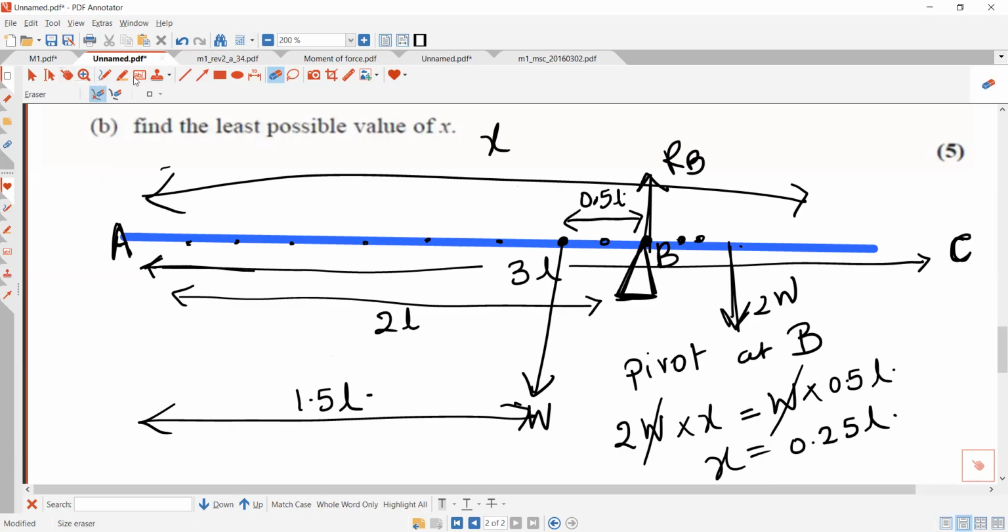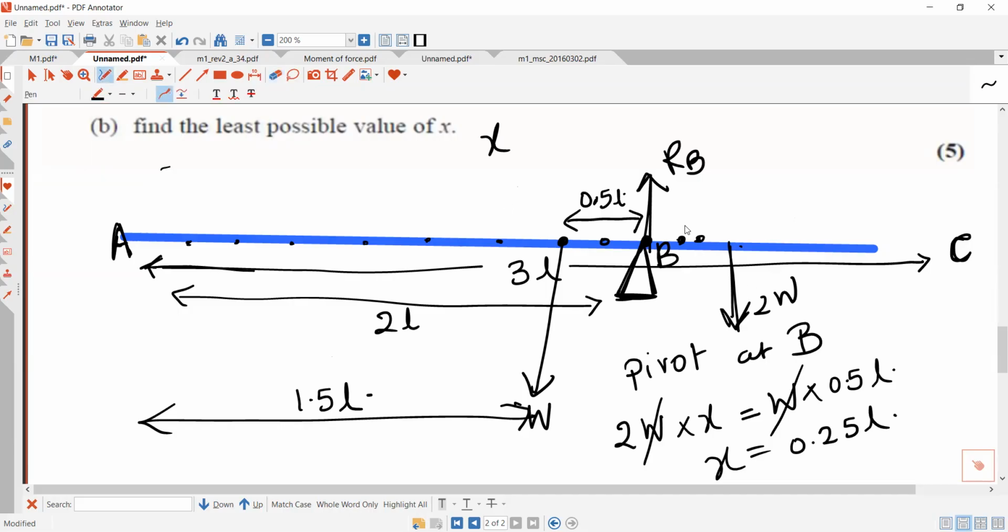Let this be X from the pivot, because I don't know how much this is. You know what? Let this be Y. So can I do 2W into Y? This is Y. Understood? So 2W into Y.